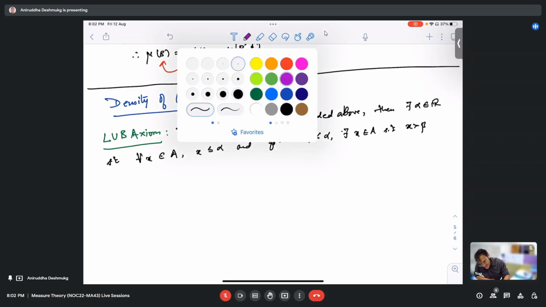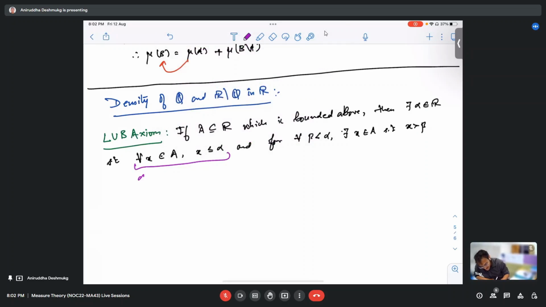So the first thing tells us that alpha is an upper bound. And the next thing tells us that no number less than alpha is an upper bound. Okay?